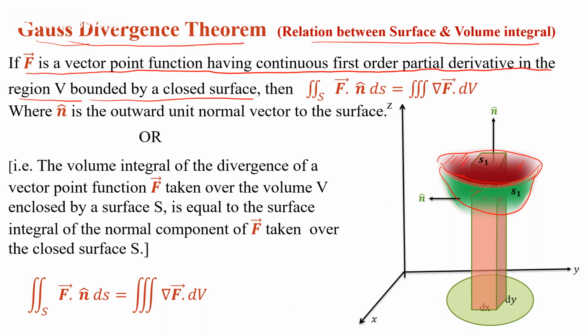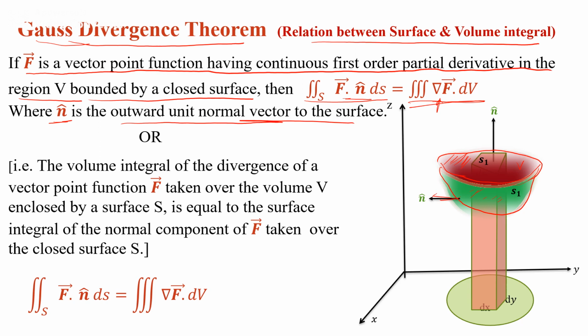So the double integral of f dot n ds is equal to the triple integration of del dot f dv, that is, divergence of f dv. Here n, vector n, is an outward unit normal vector on the surface.